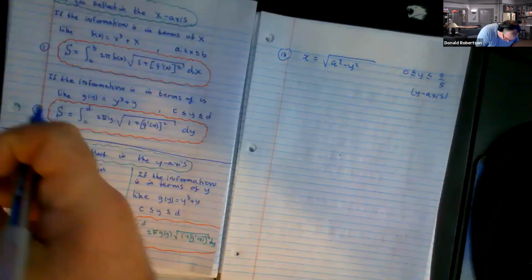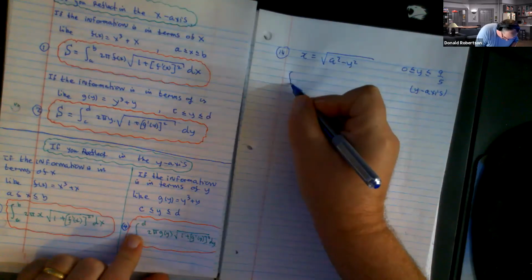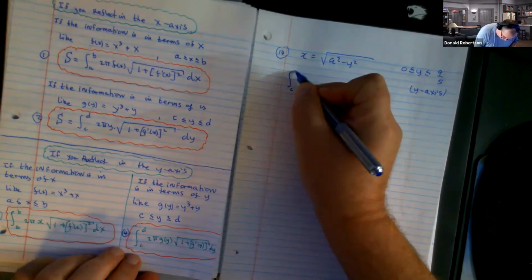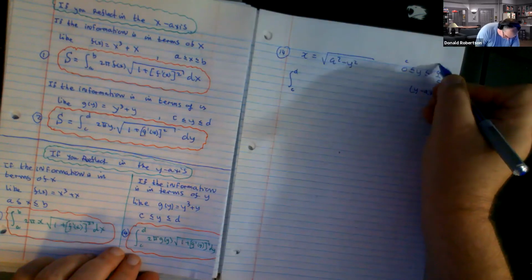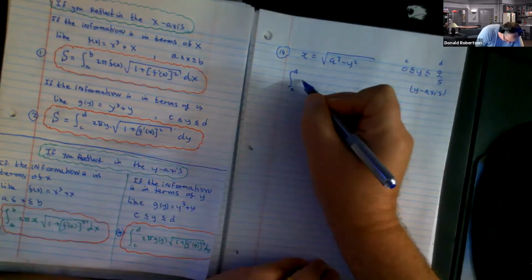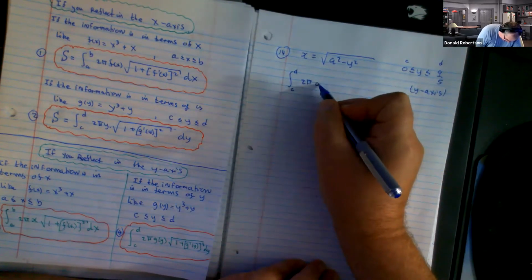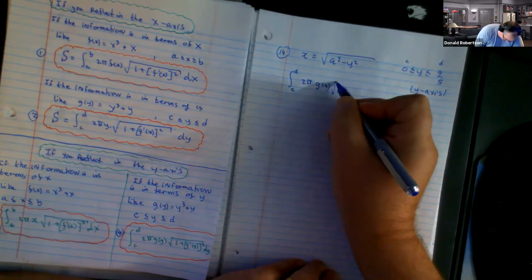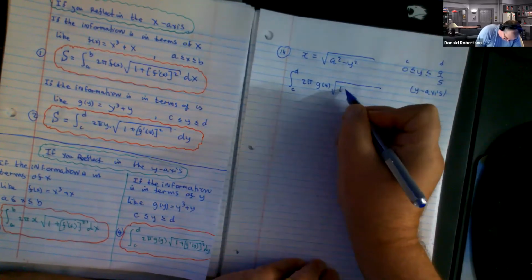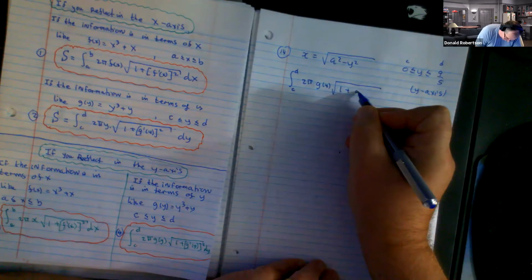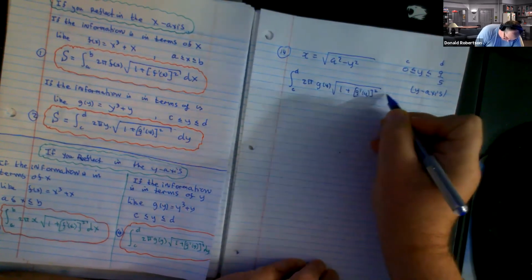So we're going to be using the integral from C to D. That's essentially C and that's D. 2 pi g of y, the square root of 1 plus the derivative squared dy.